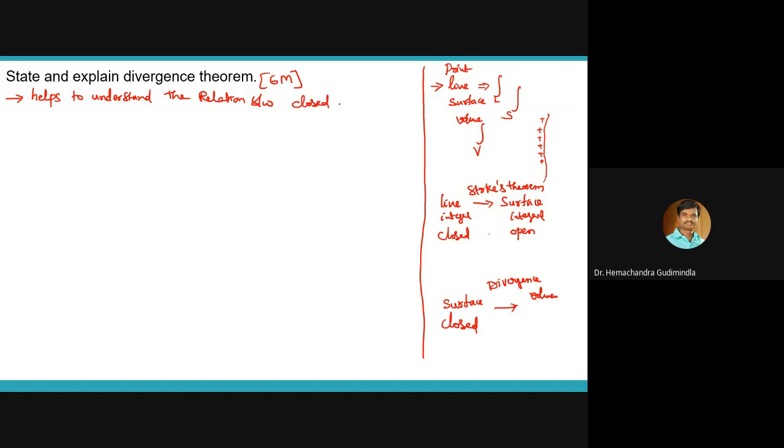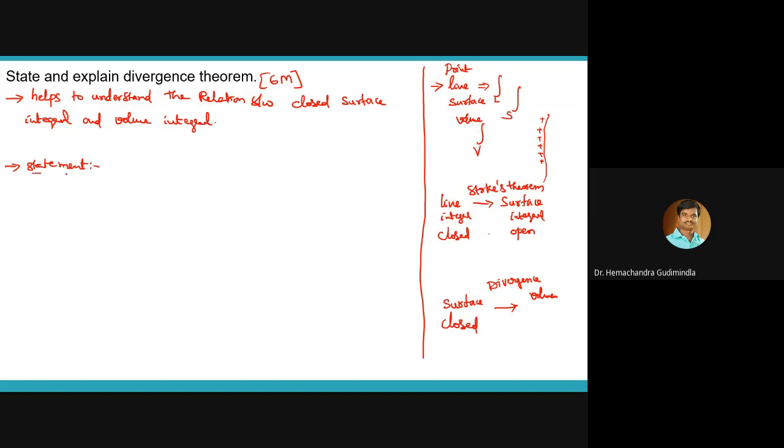This is very important. Simple. I will write the equation, but before writing the equation, I will write the statement.